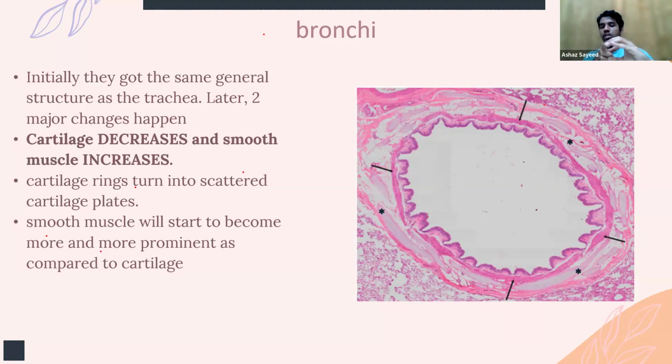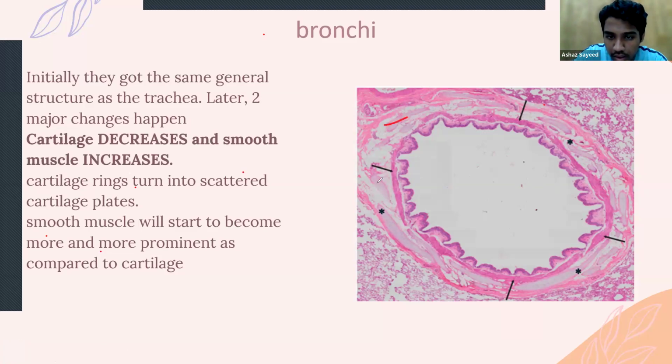In bronchi, you will not have a cartilage ring. You'll just have some diffuse, scattered small cartilage plates. You can actually see it here. All of these are no longer prominent and continuous.